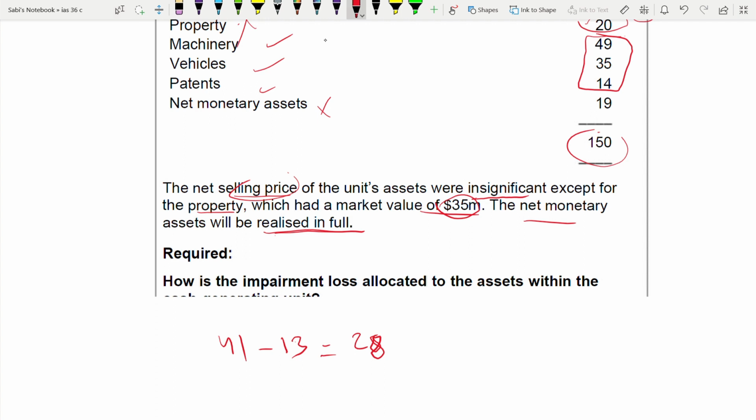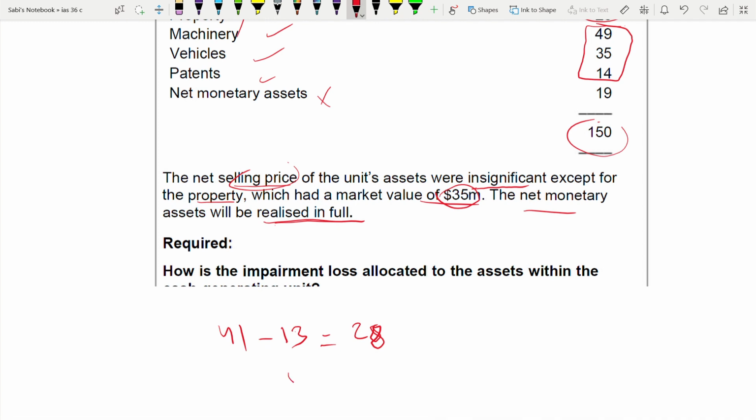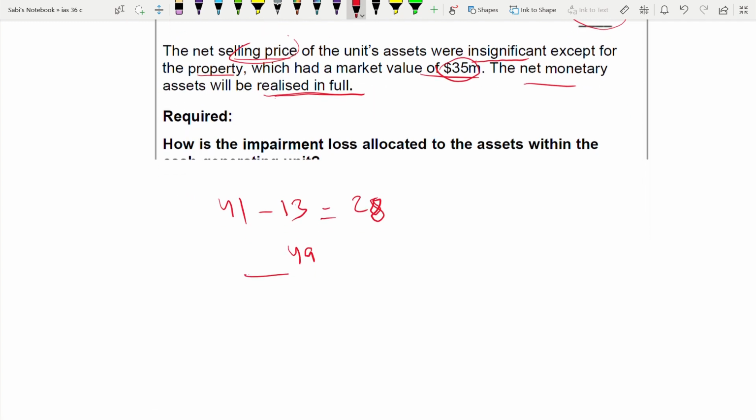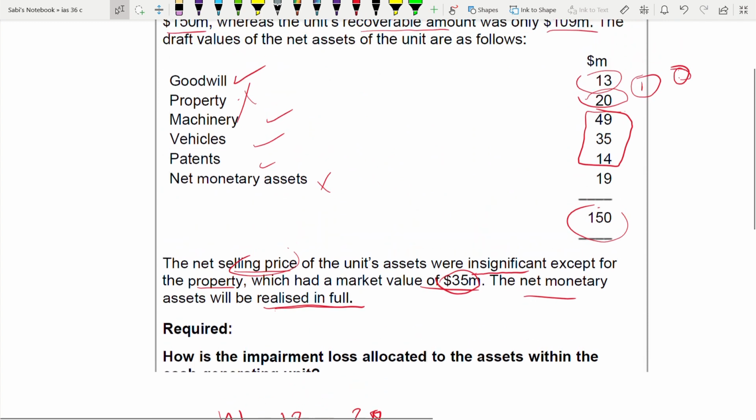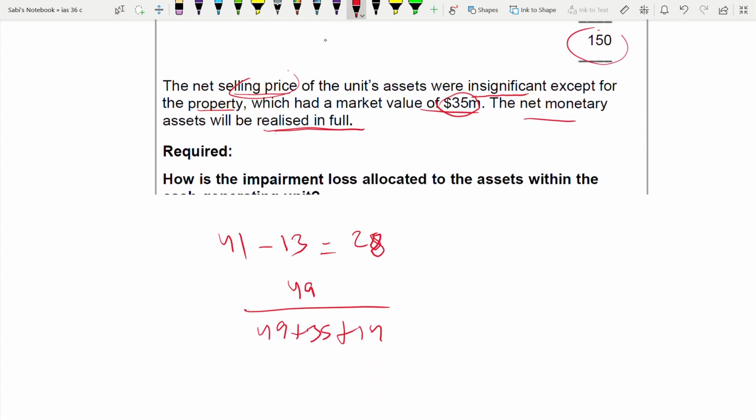So this is how you do. 49, this is for machinery, divide by the total, 49 plus 35 plus 14, and multiply this by 28 because 28 is the impairment loss. You have to allocate this. This is for machinery.